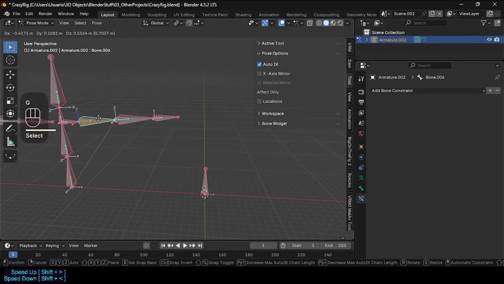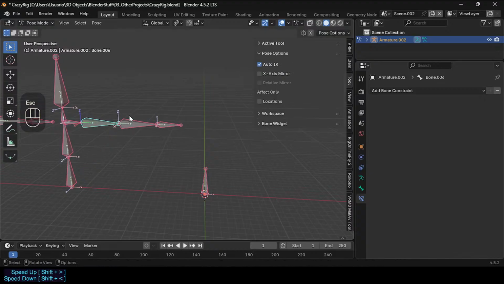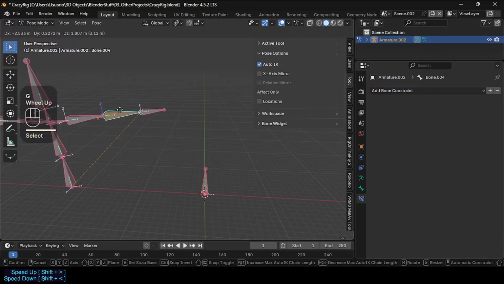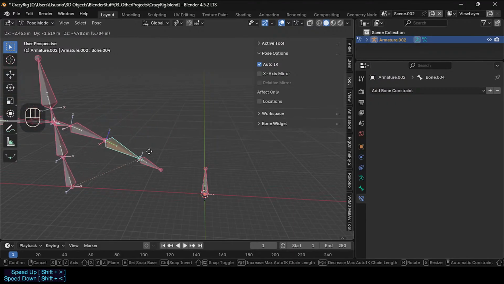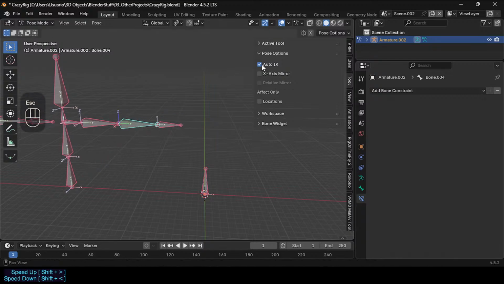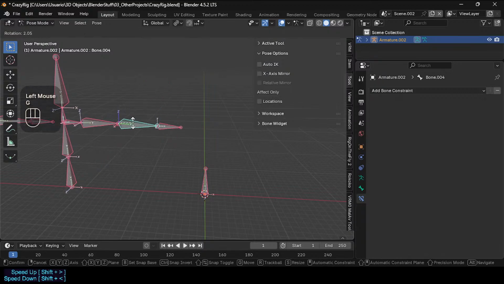For example, here I'm grabbing this bone, and when I have the Auto IK option, there's a certain behavior that will be a behavior of inverse kinematics. If I don't have the option, then I do an FK thing, right?